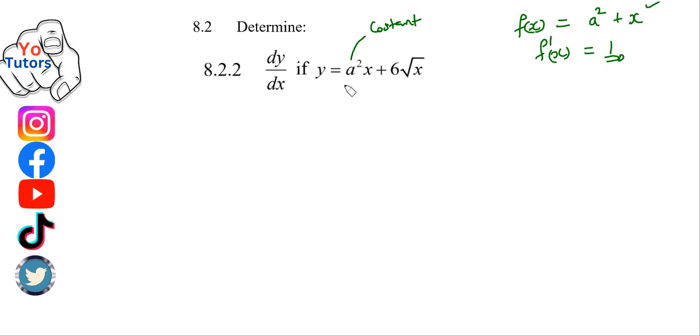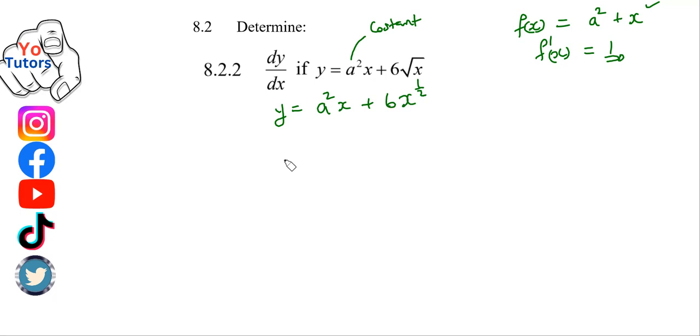Okay, so let's come back here and see. So dy/dx is going to be equal to, remember what we need to do first. We still need to have our y equal to a squared x plus 6x to the power 1 over 2.